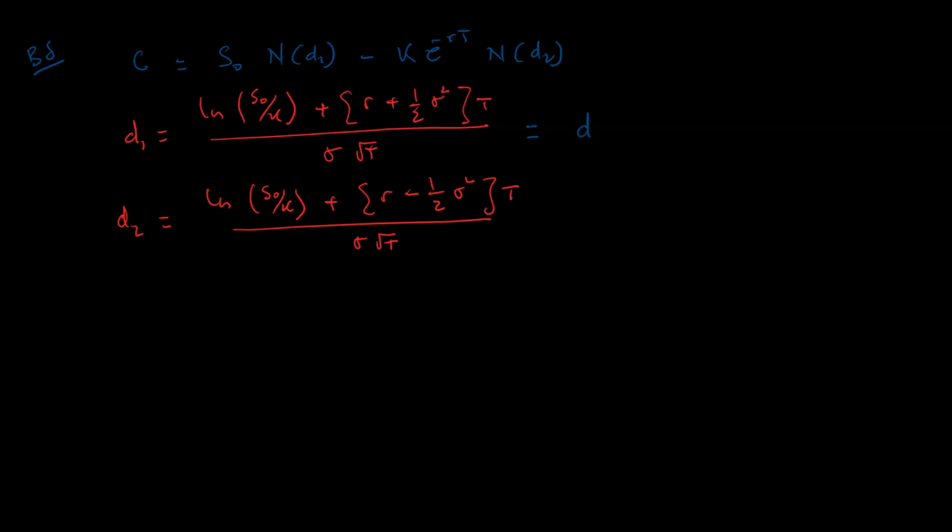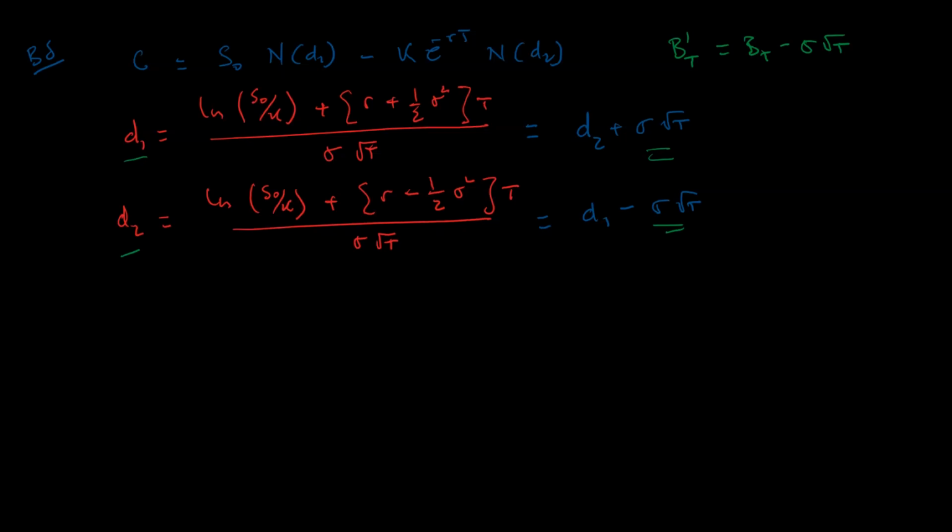D1 is equal to D2 plus standard deviation square root of T, and D2 is equal to D1 minus standard deviation square root of T. And if you remember the discussion that we had in converting our Brownian motion, we said we had B prime T, and we call B prime T as being BT minus standard deviation square root of T. By doing that, we actually force D1 and D2 to be different by standard deviation square root of T.